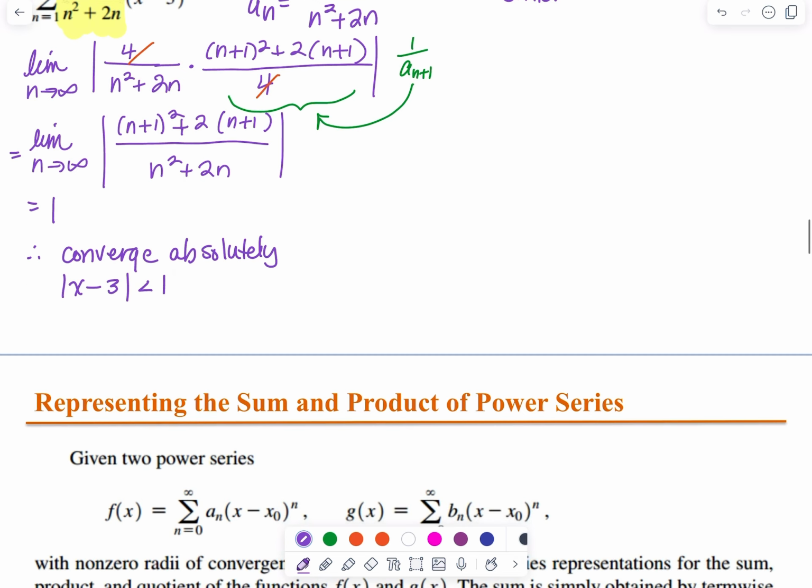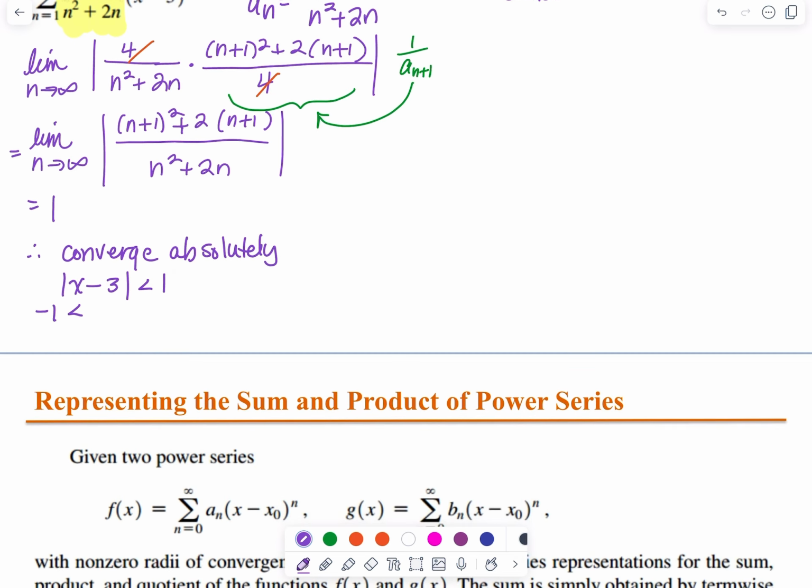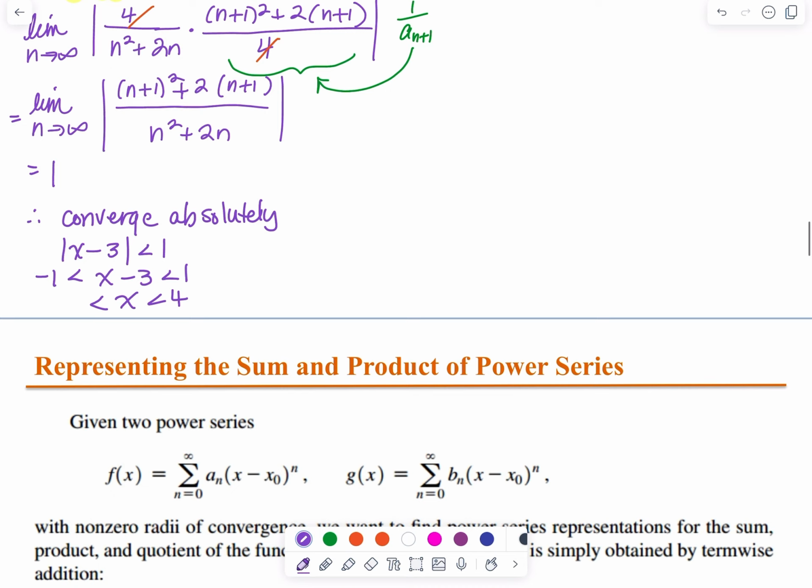So we have negative 1 is less than x minus 3 is less than 1. So x is going to be between 2 and 4. So we know we converge absolutely for x between 2 and 4, but we do need to check those endpoints before we give our interval of convergence, okay?